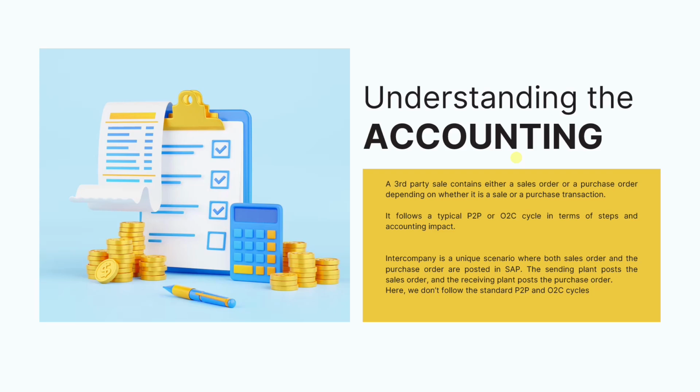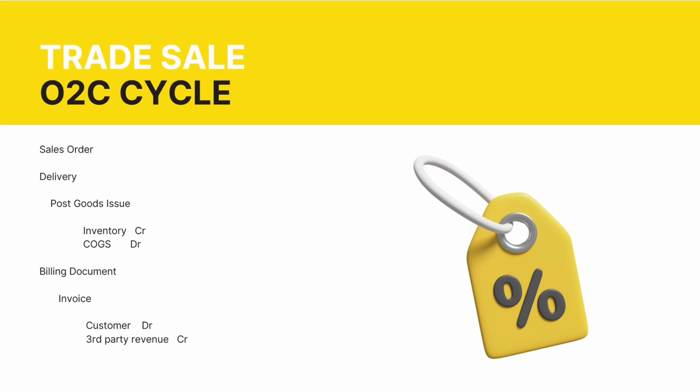It's a mix of these two approaches. It's not like a P2P cycle and an O2C cycle happening separately, parallelly to each other, but this is a mix of P2P and O2C, which we will understand in the subsequent slides.